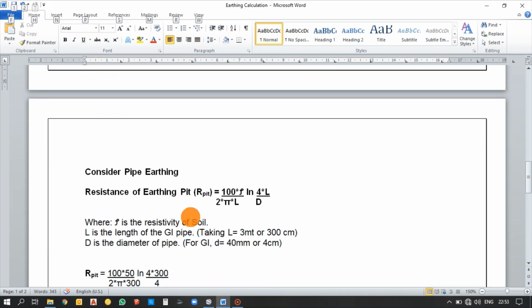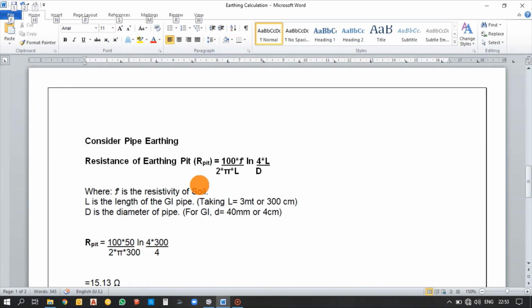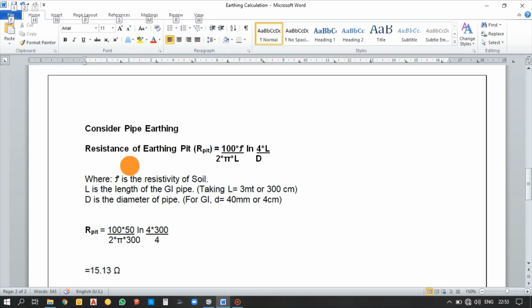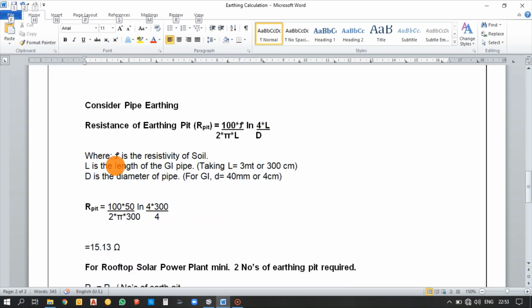Now we have calculated the resistance of the earth strip, Rs equal to 0.59 ohm. The earthing we have selected is pipe earthing, so we have to consider the earthing pit resistance. To calculate the resistance of the earth pit, we have the formula 100 rho divided by 2 pi L into log 4L divided by D. Rho is the resistivity of the soil, 50 ohm, and L is the length of the GI pipe we are going to bury, a 3-meter long pipe, that is 300 centimeter.